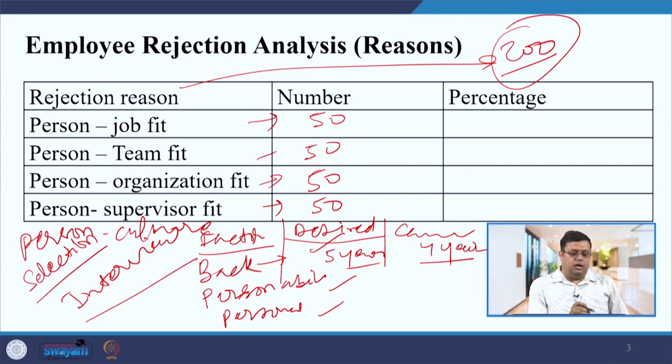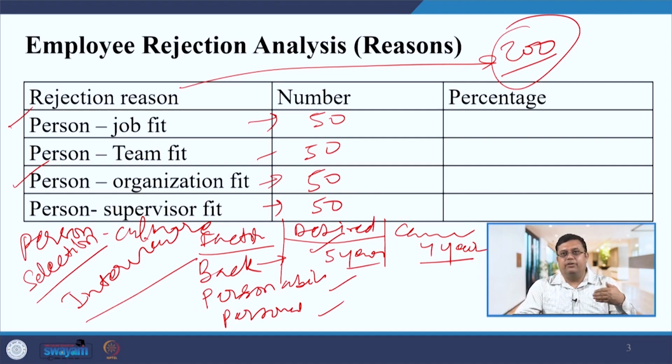People rejected because of person-job fit should be given the priority, or people rejected because of person-organization fit should be given the priority. According to your organization's need, you have to decide who should be given priority and on what basis you should develop the waiting list criteria.